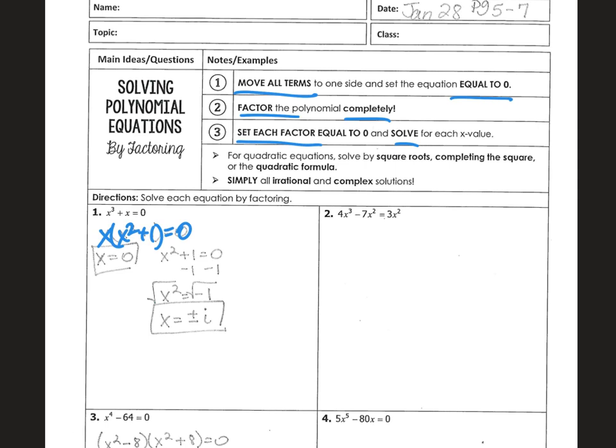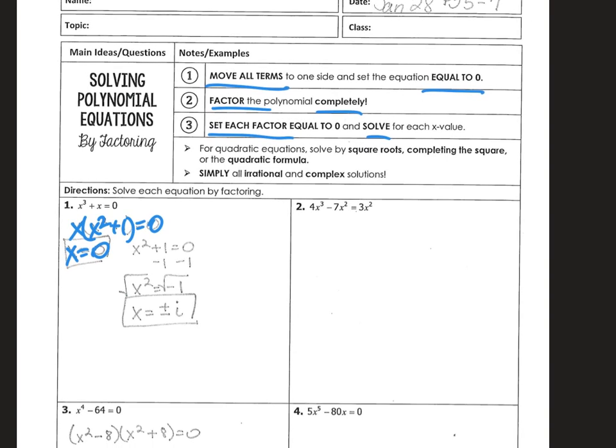And then I set each factor equal to 0. So I put x equals 0, and then I have x squared plus 1 equals 0. Over here, I'm going to subtract 1 from both sides, and I end up with x squared equals negative 1. Because I can't factor that any further, I have to use square roots to solve it.